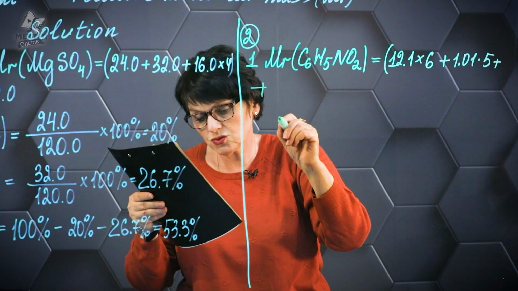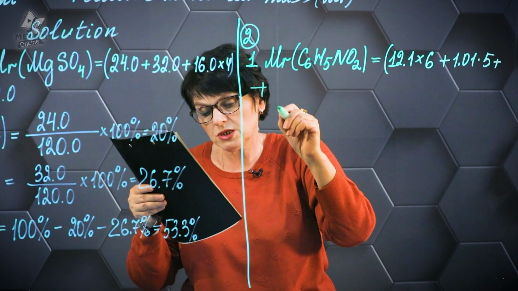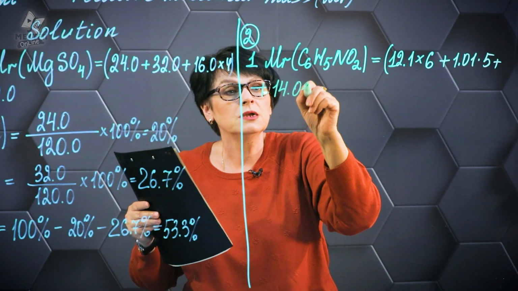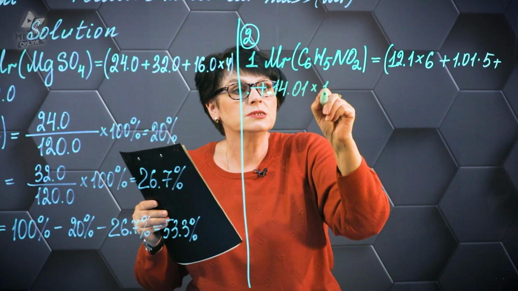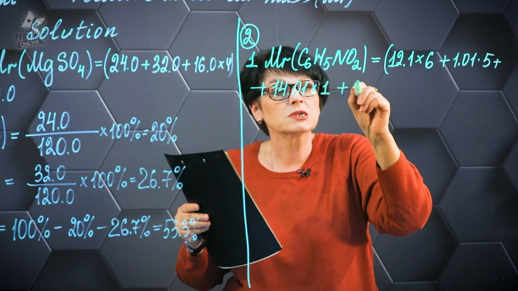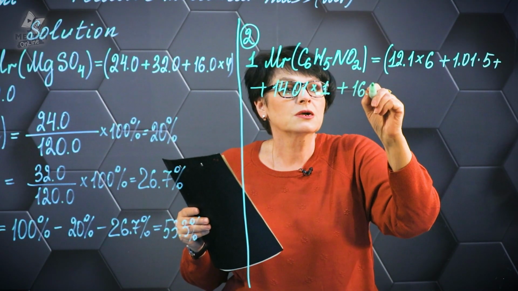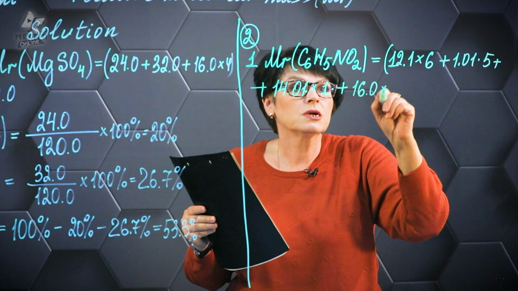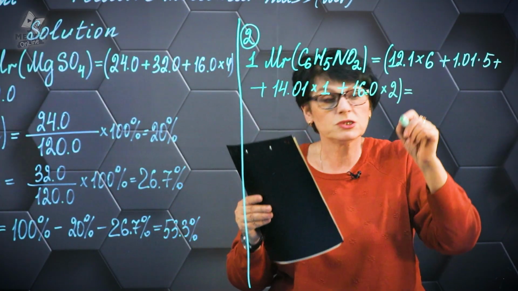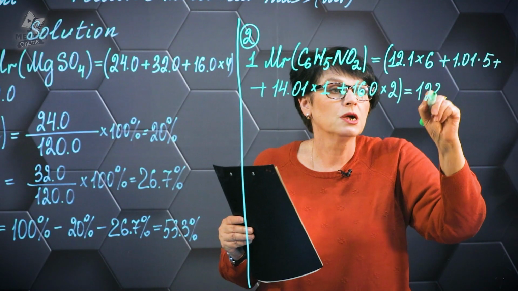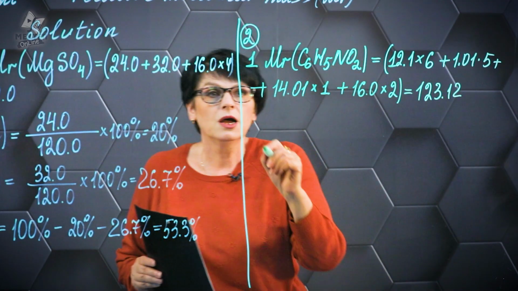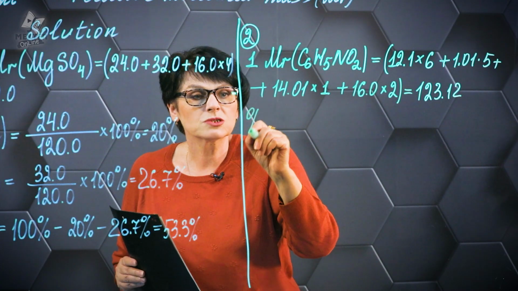Next, for nitrogen, the value will be 14.01 multiplied by 1 in this case. And for oxygen, it will be 16.00 multiplied by 2. If we carry out this calculation with such precision, we will get 123.12.